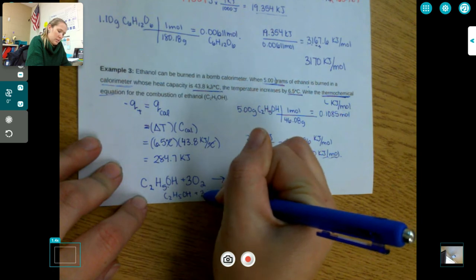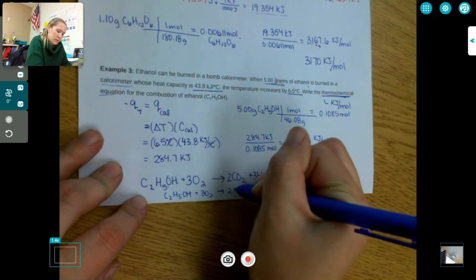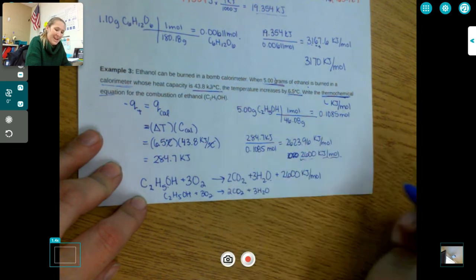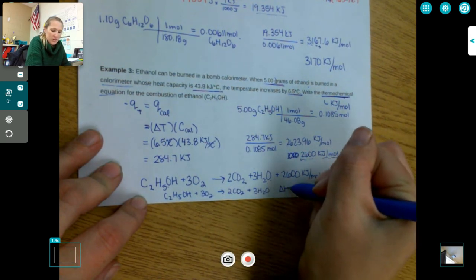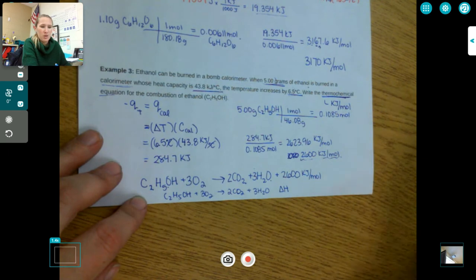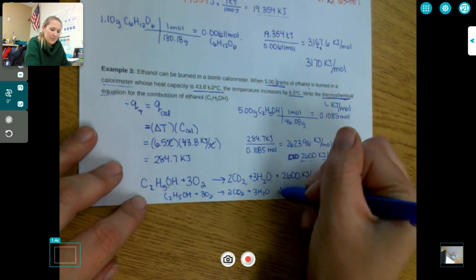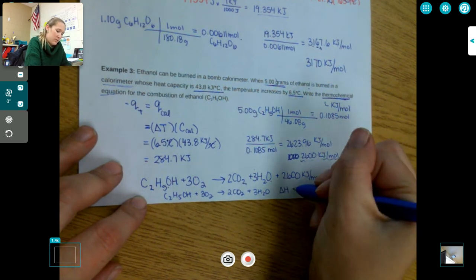You might also see this written C2H5OH plus 3O2 yields 2CO2 plus 3H2O. And then you'd see delta H, which we haven't talked about yet, but we'll talk about soon, is a molar enthalpy, so the heat given off.